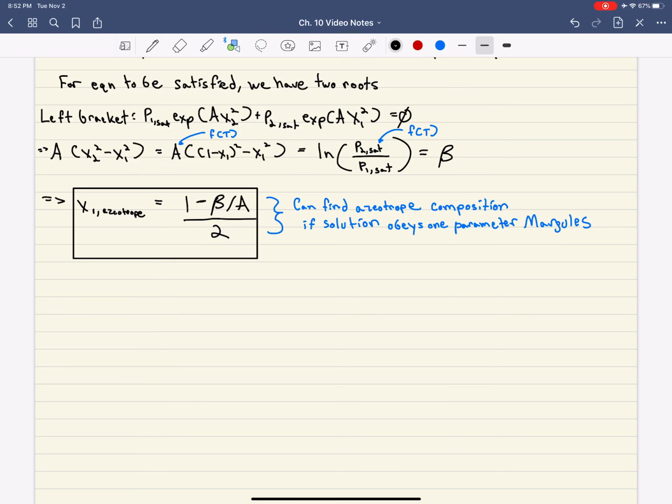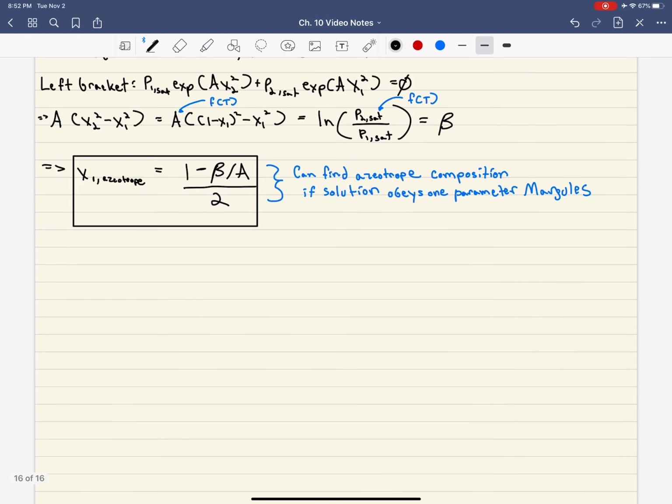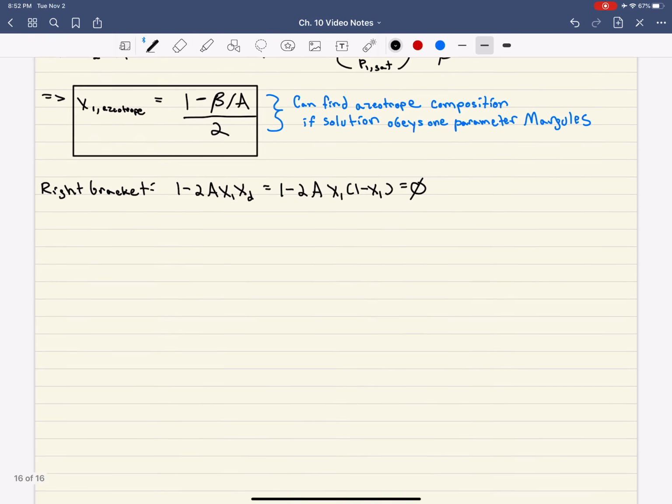Okay. All right, so we looked at the left bracket in our equation. Let's now look at what information that right bracket is going to tell us. So for the right bracket, we have 1 minus 2a x1 x2, or if we rewrite it just in terms of x1, we have that this is equal to 0. Okay.